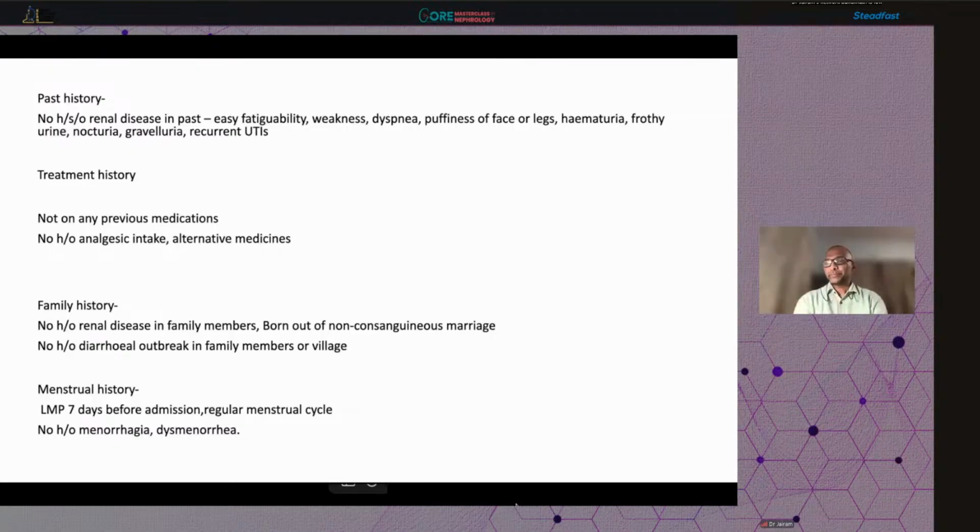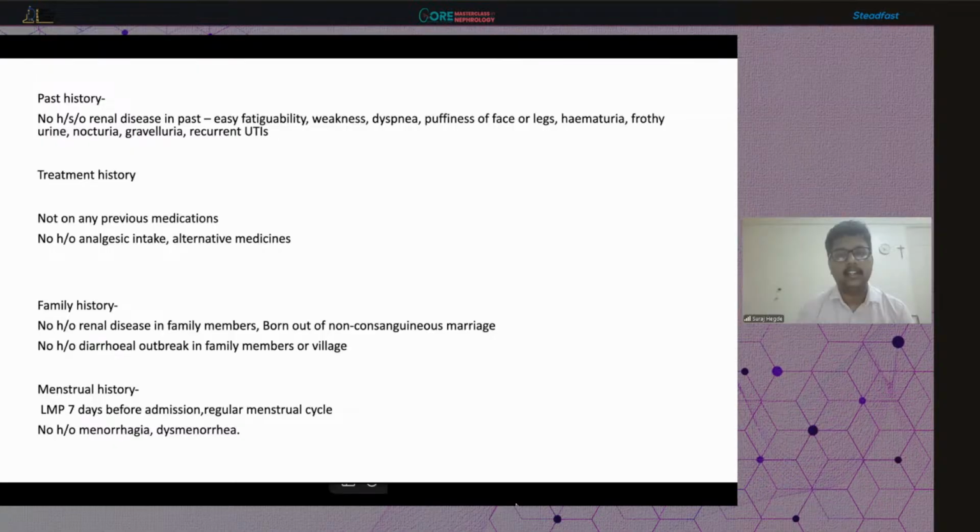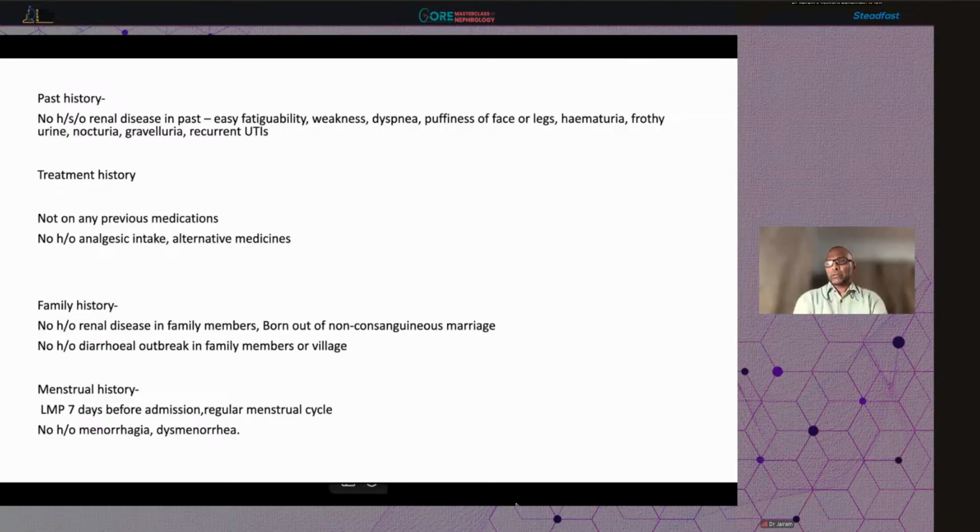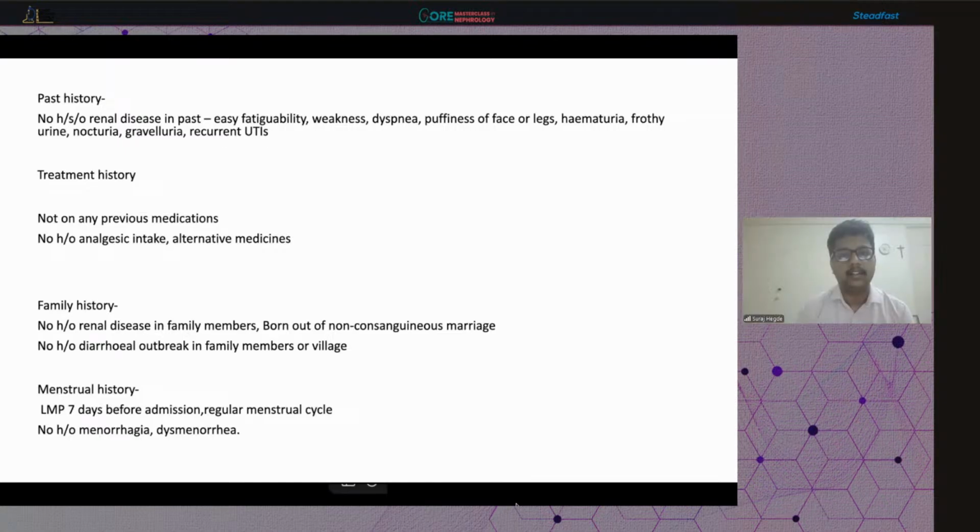Other than this, acute cortical necrosis can also present with anuric AKI, sir, secondary to TMA. And then glomerular causes, sir, like crescentic glomerulonephritis. They can also present with AKI with anuria, sir.